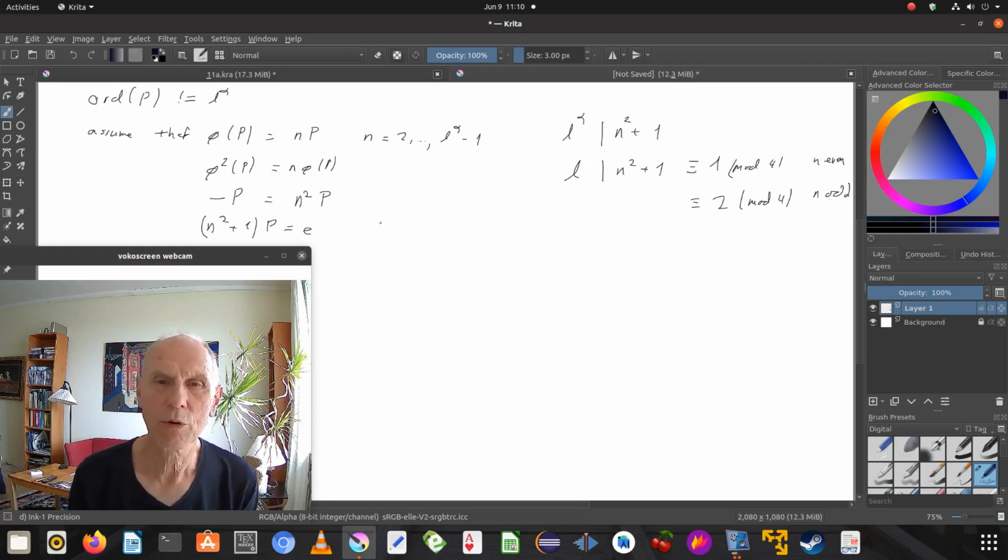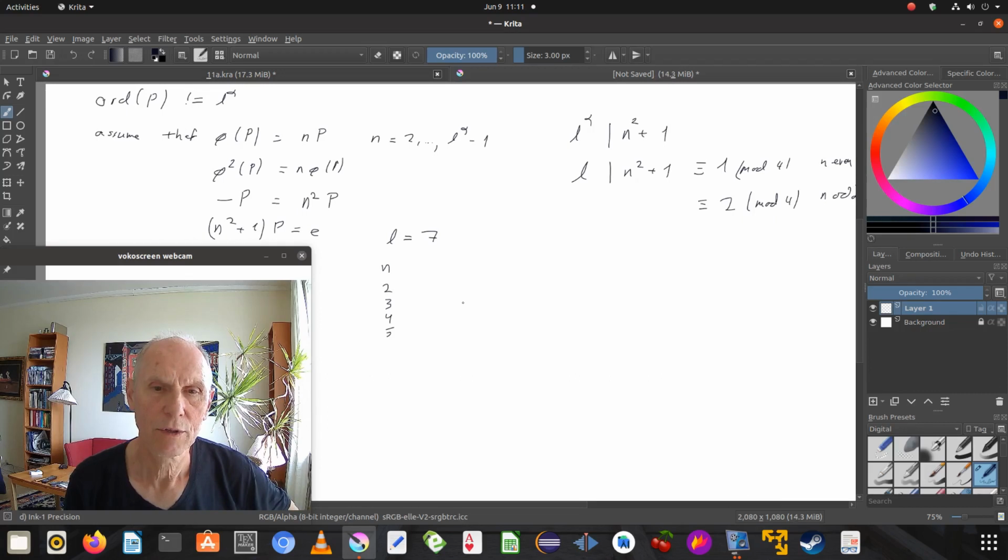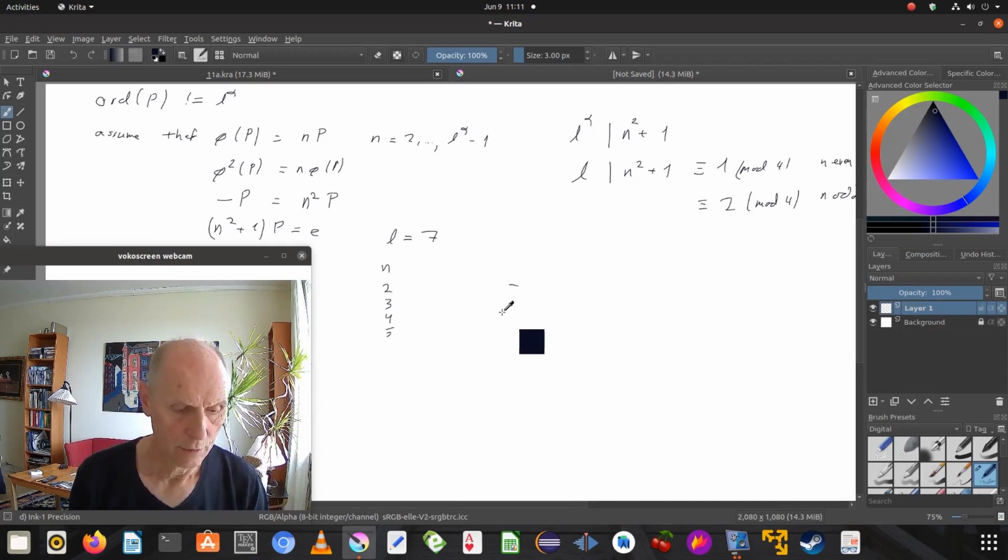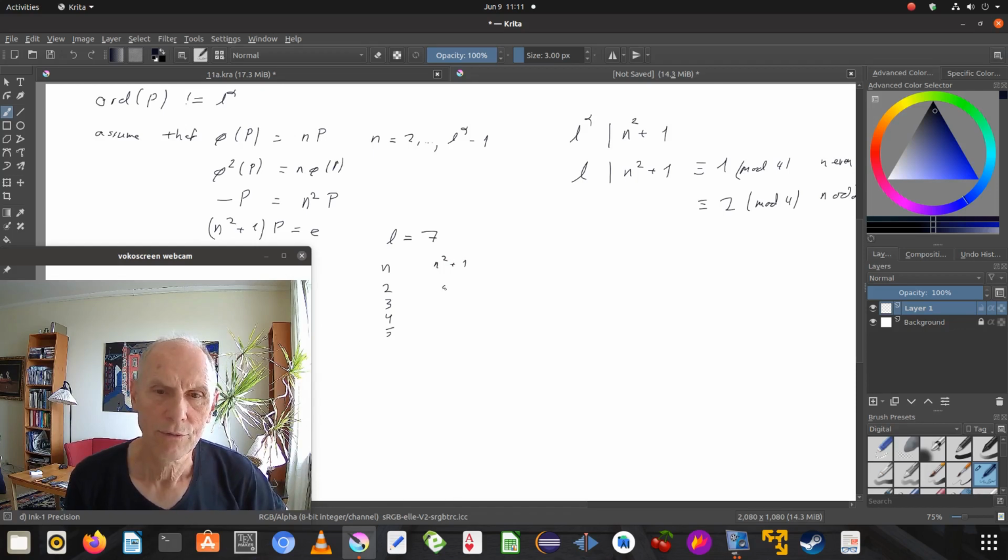So let me just make an example. If L equals 7, then n might be 2, 3, 4, 5, and n squared plus 1 is 5, 10, 17, 26. So can we prove that L doesn't divide this number?